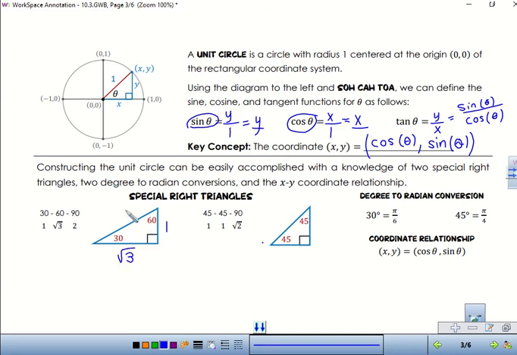And does anybody remember what the side opposite the hypotenuse is? 2. Now moving on over here, we have the side opposite 45, which is 1. The side opposite the other 45 is 1. And does anybody remember what the hypotenuse is here? Good, radical 2. So these 2 triangles basically are the backbone to the unit circle.